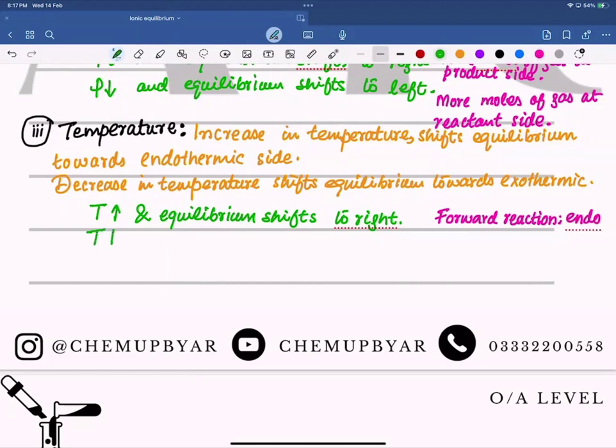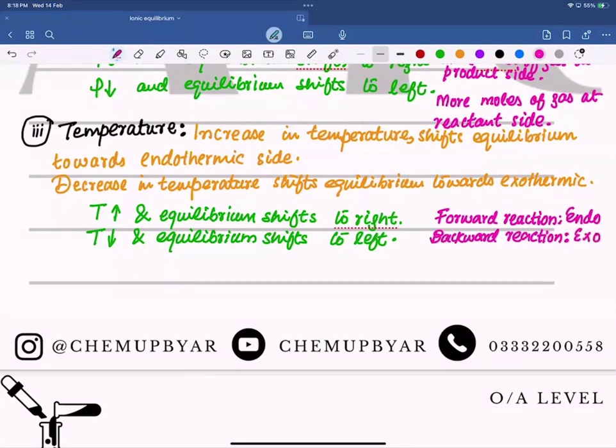And if we decrease the temperature and equilibrium shifts to the left, it means the backward reaction would take place. So it also indicates that the backward reaction is exo or endo? Yes, that's true, the backward reaction is exo. Very good.